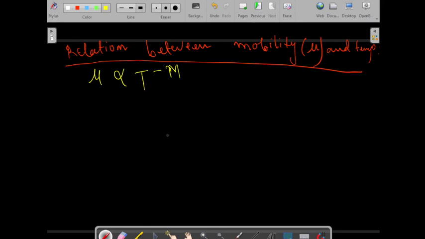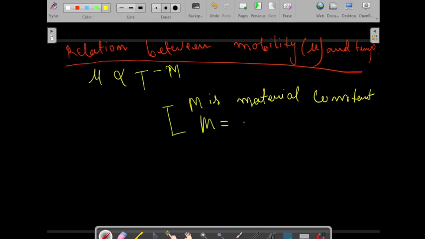Here m is a material constant. The value of m is 2.5 for electron and 2.7 for hole.